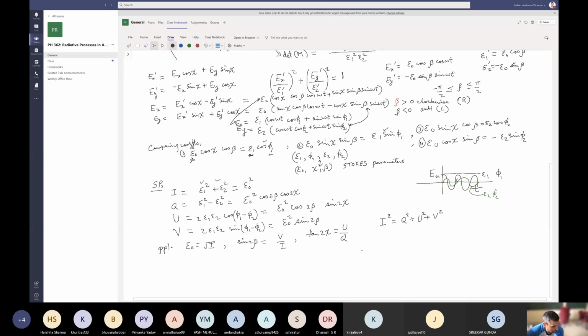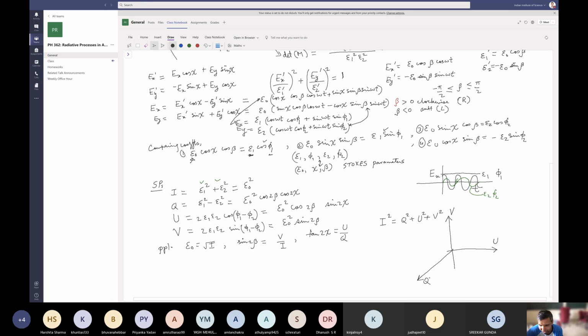Right, let me just end finally with a figure. These are axes, and this is the V axis, from Stokes V. This is the Q axis, and this is the U axis.